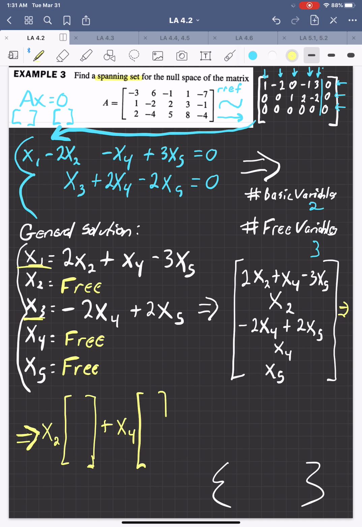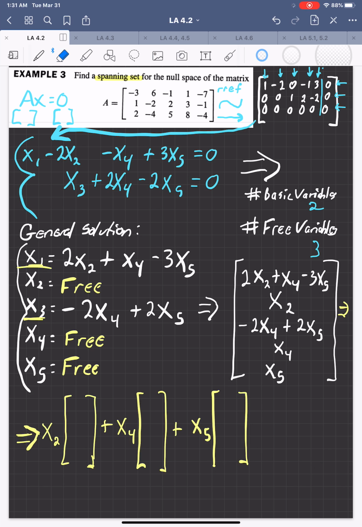But notice that I'm using the free variables as my scalars. So the question now becomes, what is going to go in each of these vectors now that I have my free variables acting as the weights or the scalars?